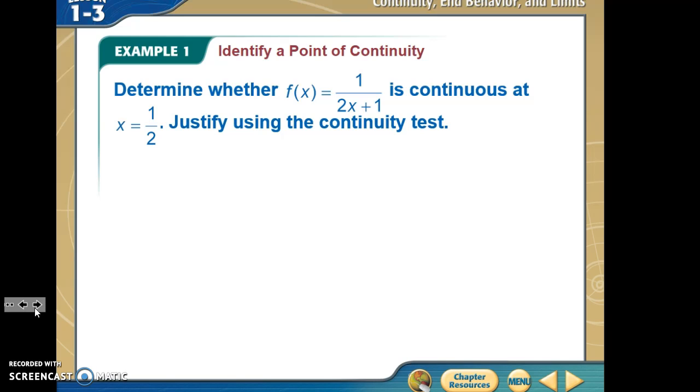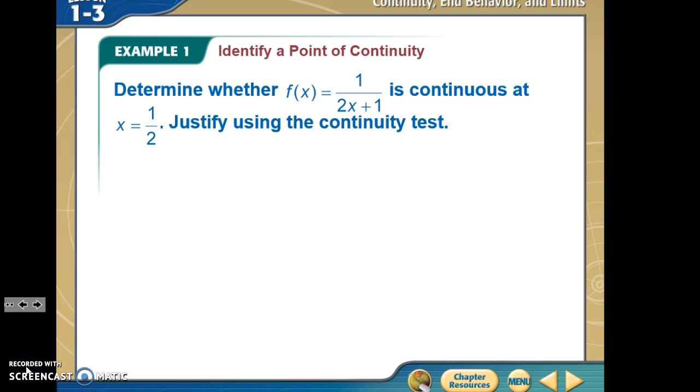All right, so let's do an example. We're going to determine whether f of x equals 1 over 2x plus 1 is continuous at x equals 1/2, justifying using the continuity test. So the first thing, did you guys write down the steps? Do you want to write those down?